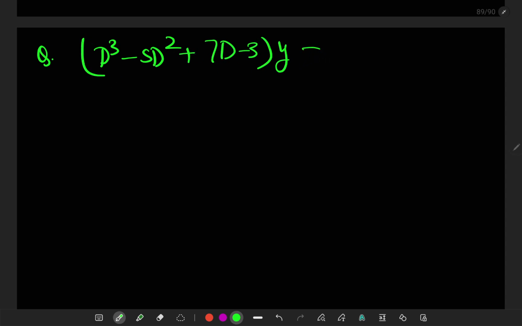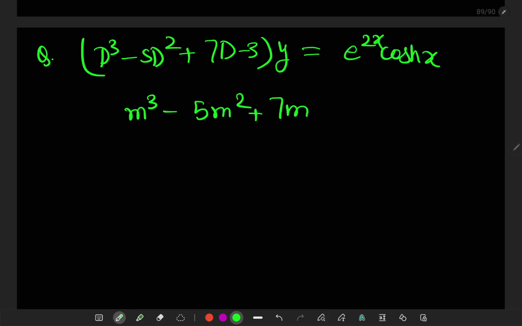Let's do some questions using these properties. First we need to find complementary function, so we need to find the factor. So put d is equal to m, so we get this equation.